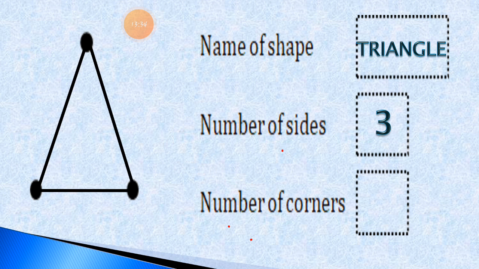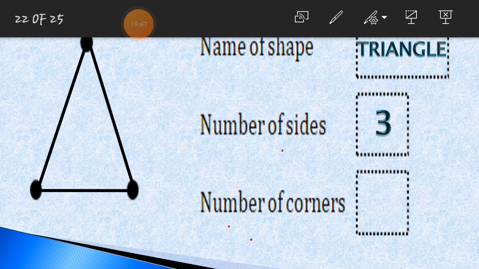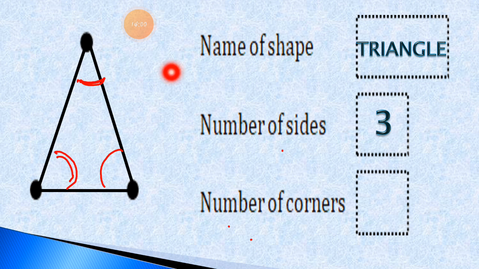So let's draw the triangle and try to mark the corners in it. See this way. This one is the first corner. Here is the second corner, and here is the next corner.